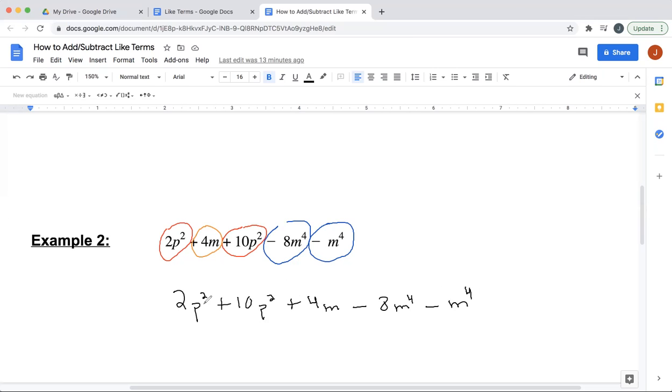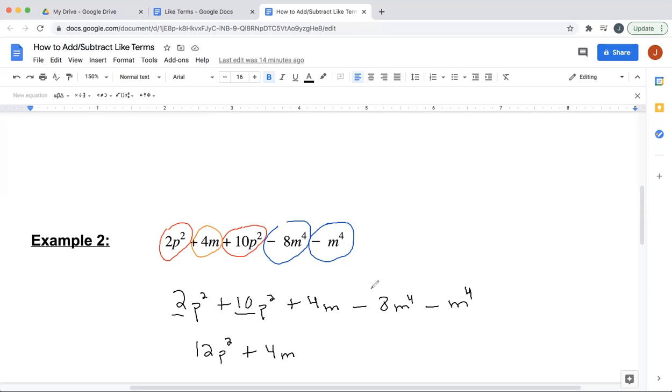And let's begin adding the coefficients. Again, 2 plus 10 only, the p to the power of 2 doesn't change, and that gives us 12p to the power of 2. Then we have the 4m by itself because that doesn't have any more like terms, so that's going to remain the same.